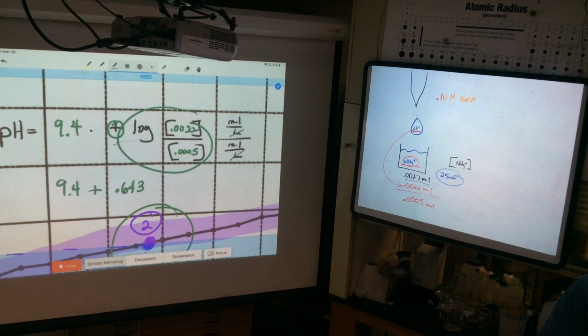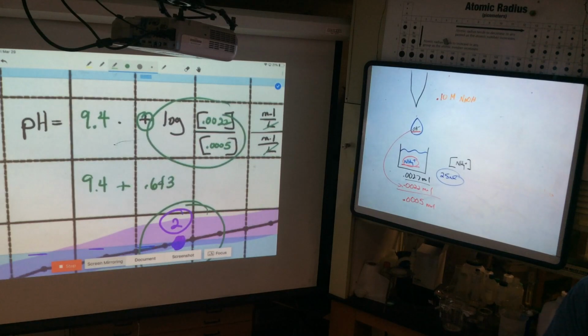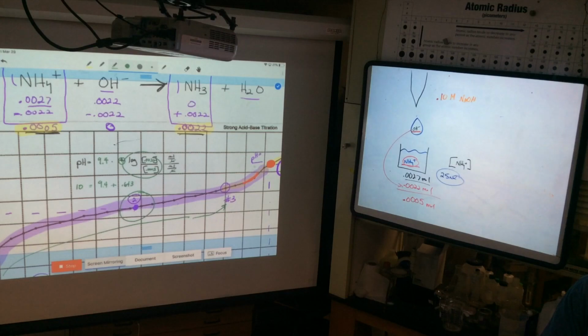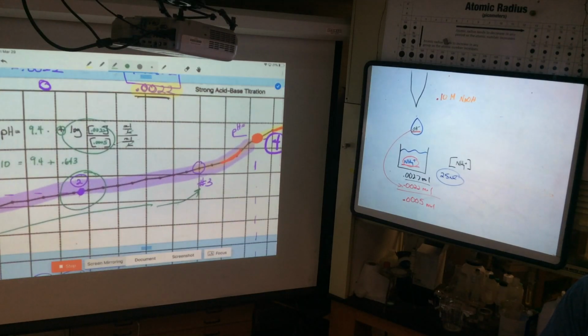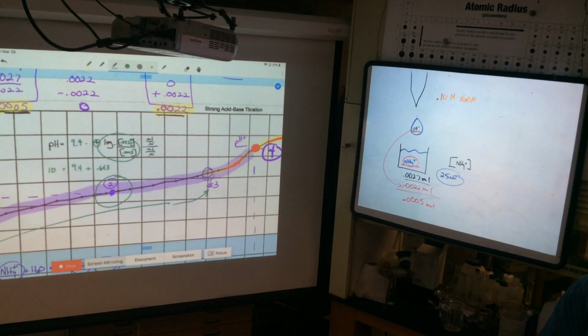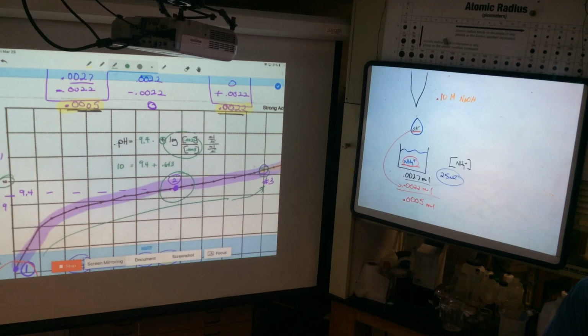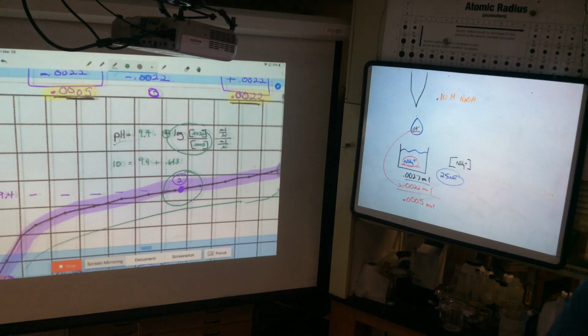So plus 9.4, and what do I have? Approximately 10. My pH should be 10 at that position. Of course, it's not perfect, we're a little above 10, but we're pretty close. There's the 10.